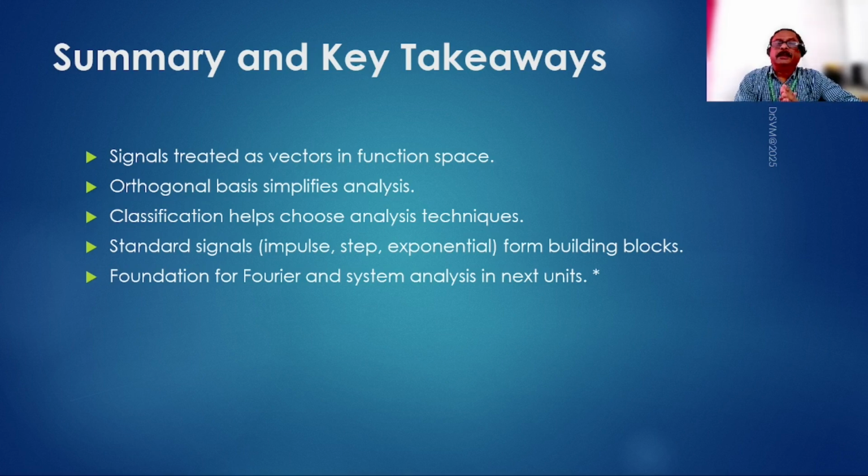There we realized that our signals share a lot in common with vectors, and the moment we realized that signals are similar to vectors, the bell rang that we have done a lot of study on vector analysis in linear algebra. So the whole knowledge about linear algebra can be transferred to work on signals and systems. That's the overall takeaway we have from unit 1 of signals and systems.